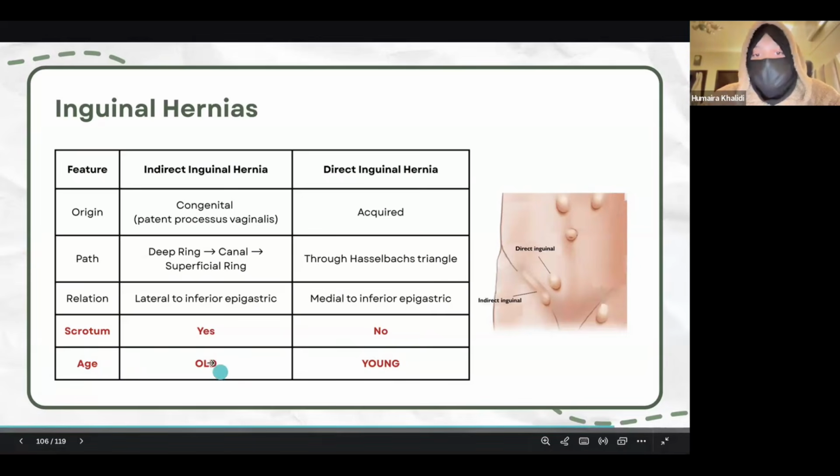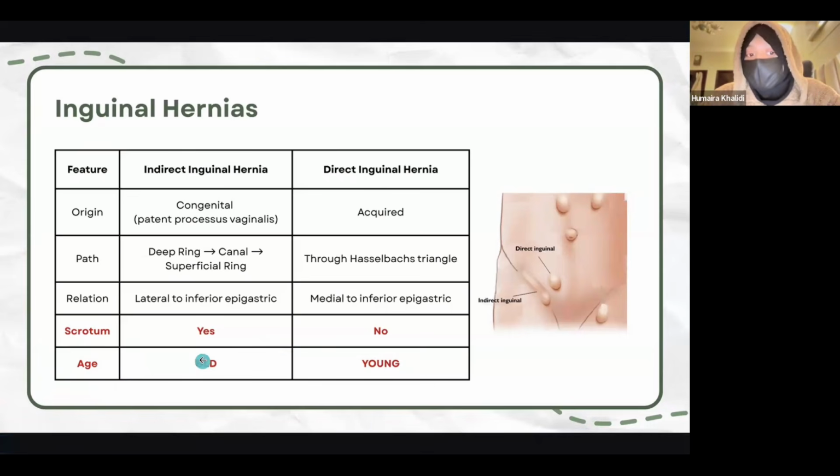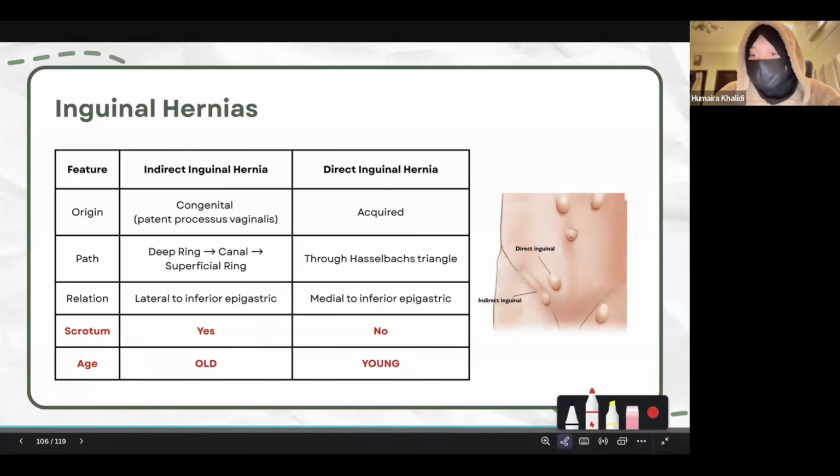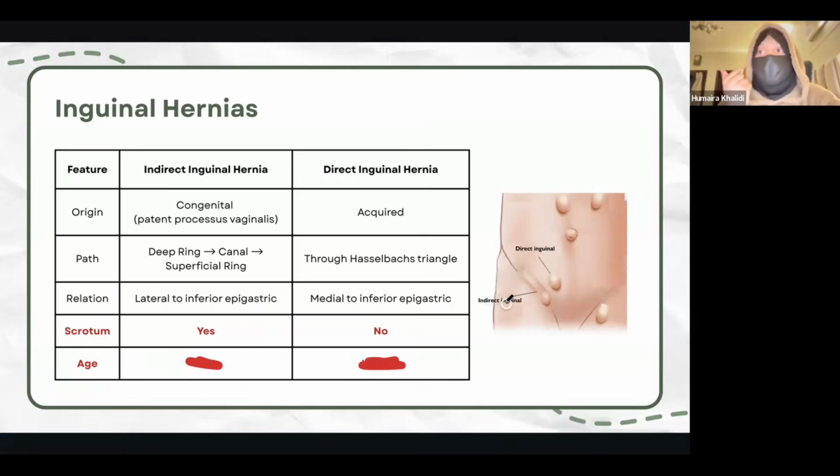Sorry, this is a typo, guys. I'm going to have to change this. But this is going to be a young patient. Let me just scribble over that right now. Okay? If the patient is young, as in a toddler or like 4 or 5 years old, and the hernia has descended in their scrotum, it's an indirect inguinal hernia.